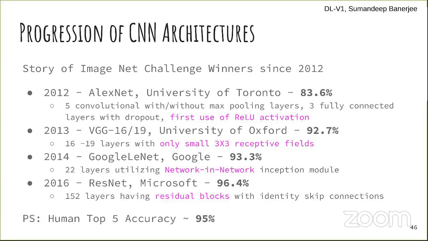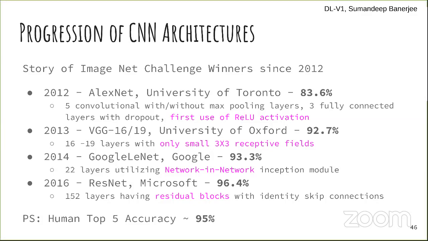The key innovation here was it reduced the number of hyperparameters, like the choice of filters at every stage, how many filters, what size, and all that. It said at every stage we'll only use 3x3 filters. We'll use as many stages as required. So it simplified the building blocks of the network, but expanded on the depth of the network, 16 layers, and it reached like 92.7%.